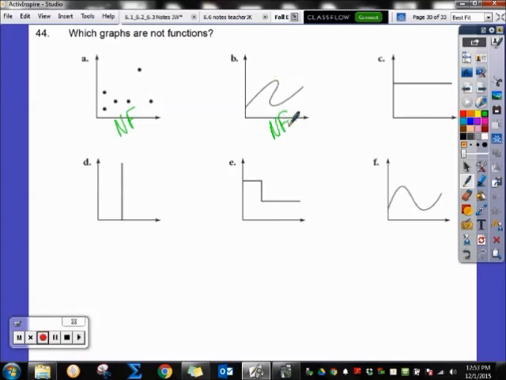This, a horizontal line, you would never touch anywhere twice, so that is a function. A vertical line definitely fails the vertical line test, so that is not a function. This part that drops makes it not a function here. And then this wavy graph, if you run your pencil across, never touches 2 points twice, so it would be a function.